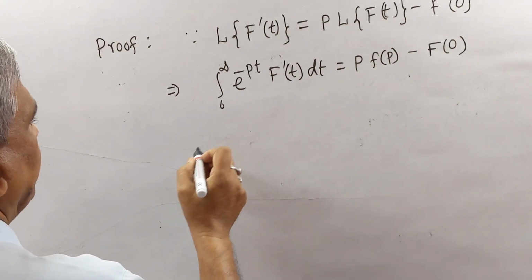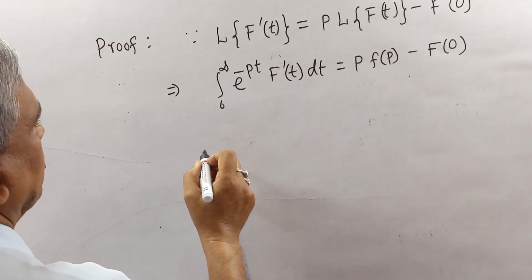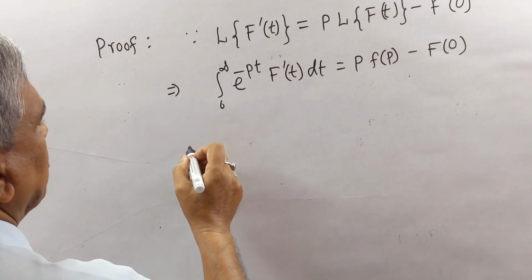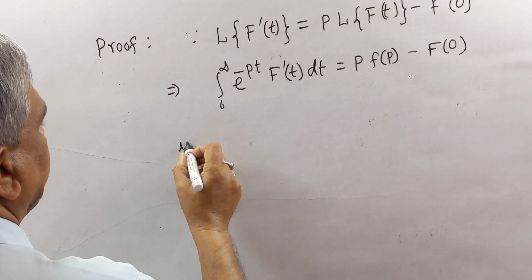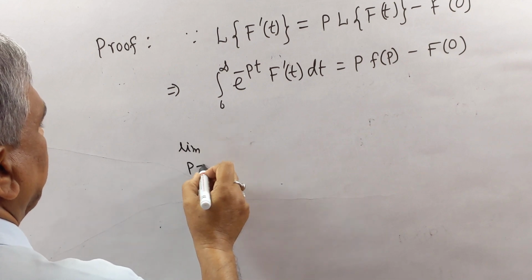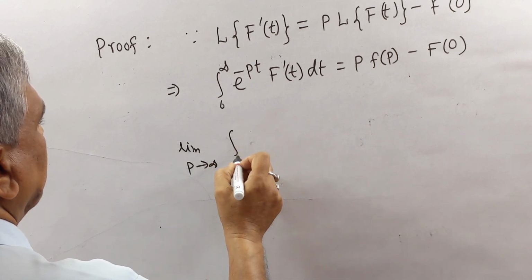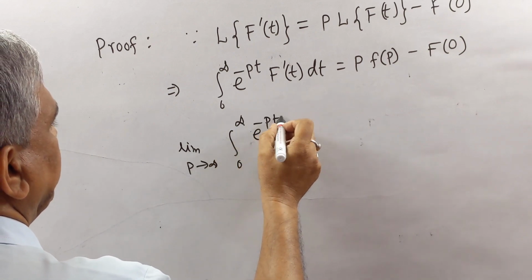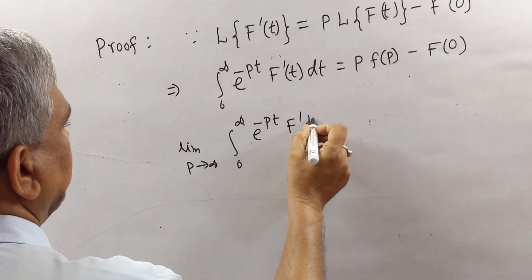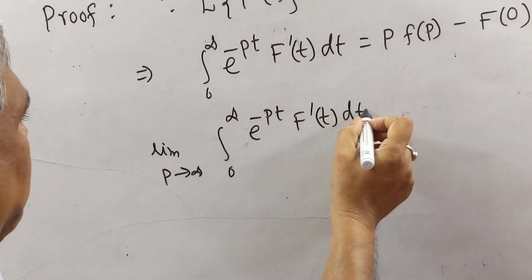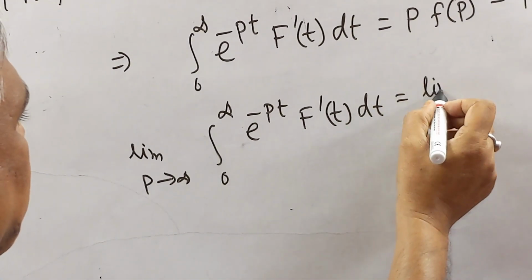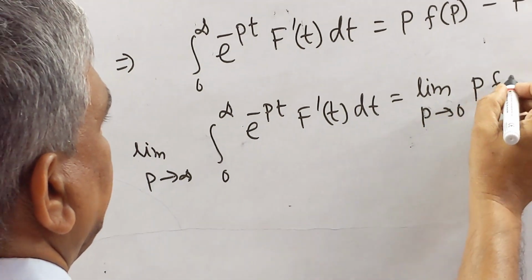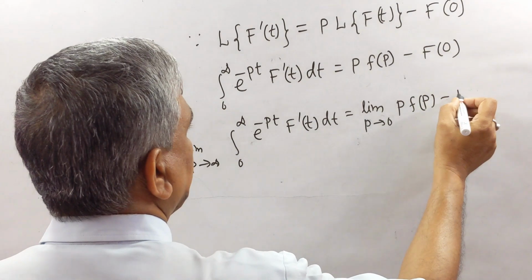Taking p tends to 0, limit p tends to 0 of integral 0 to infinity e to the power minus pt f dash t dt equal to limit p tends to 0 of p f(p) minus f(0).